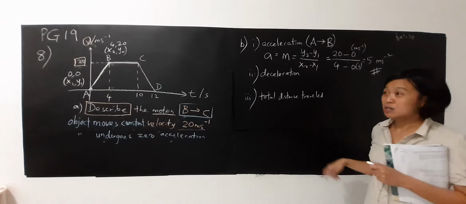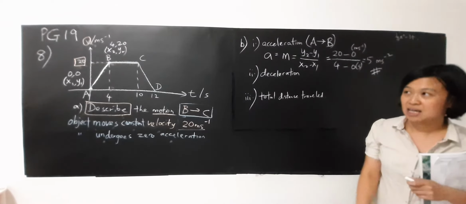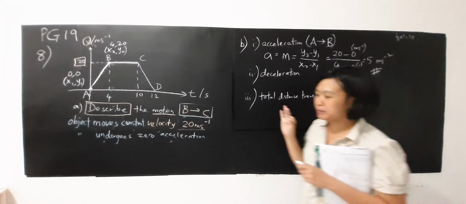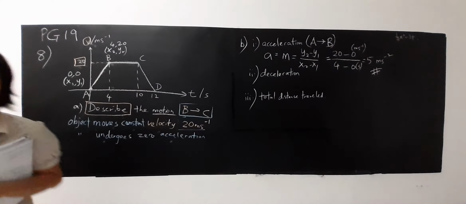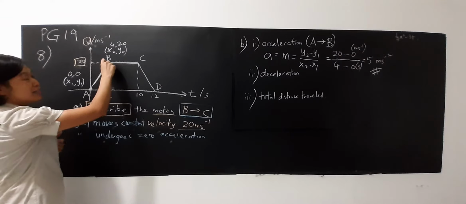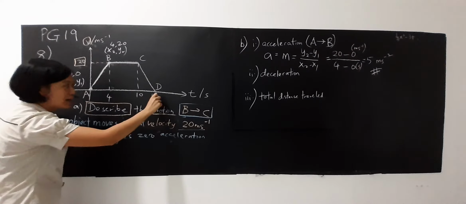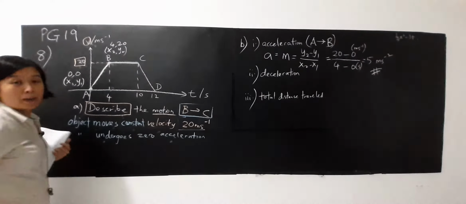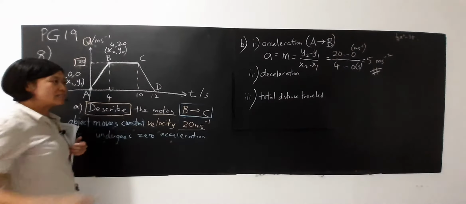Okay, so in this graph, there are 3 different kind of motion I can say. This one acceleration, this one constant velocity, and here we have decelerate lah. Kenapa kita kenali ni sebagai decelerate?